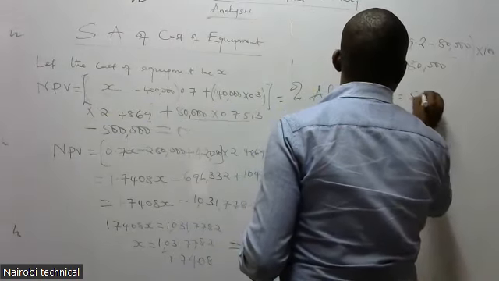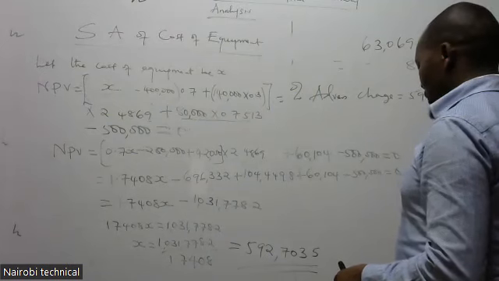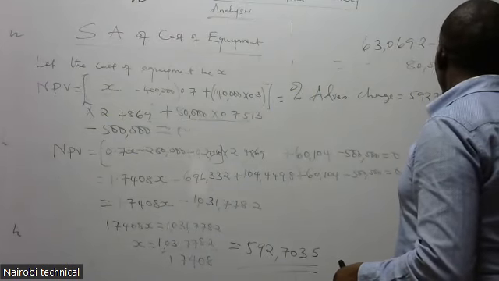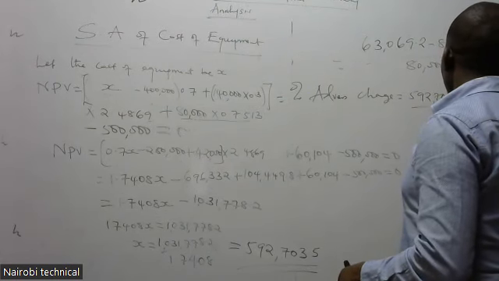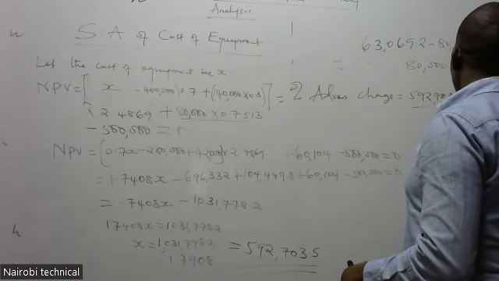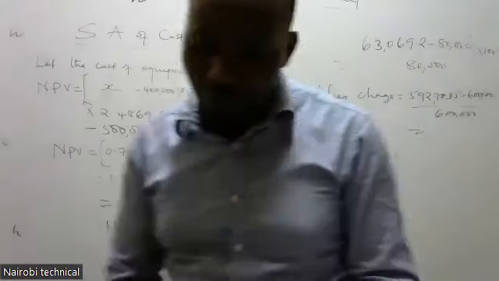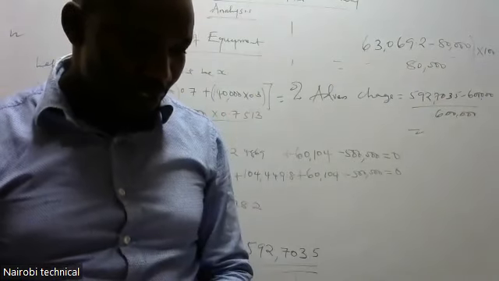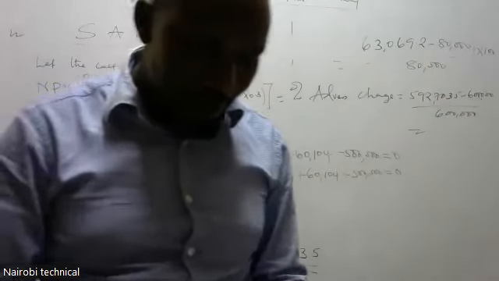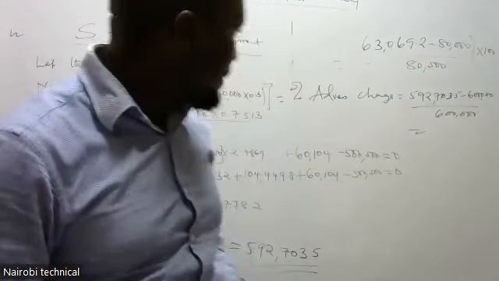You can say that it's 592,703.5 minus 600,000, all over 600,000. Then you get it, ignore the negative sign because you have said it's adverse.